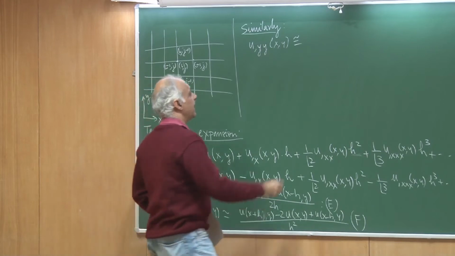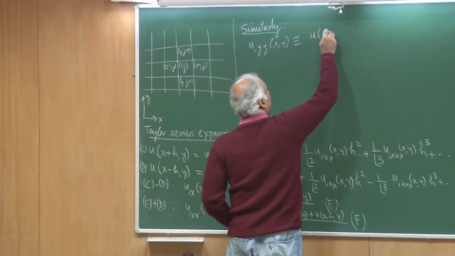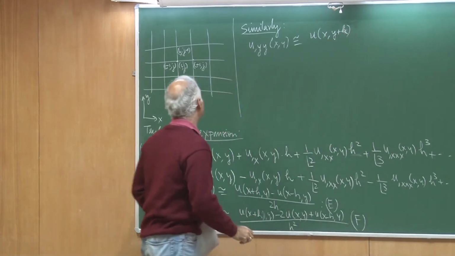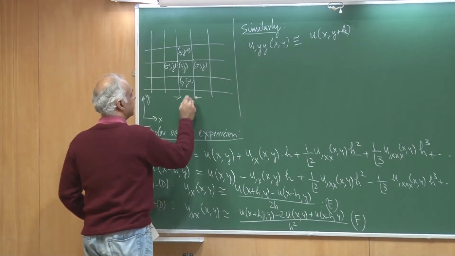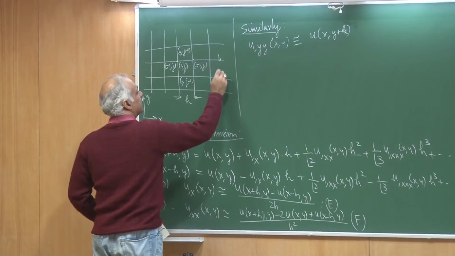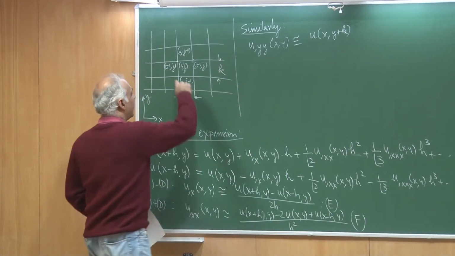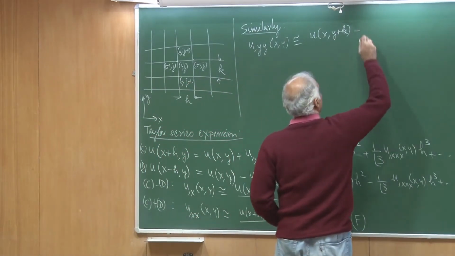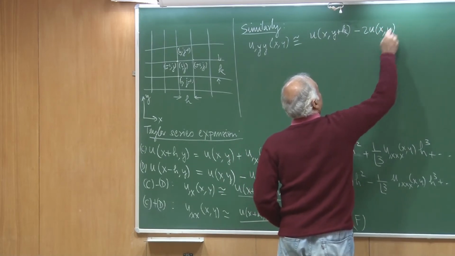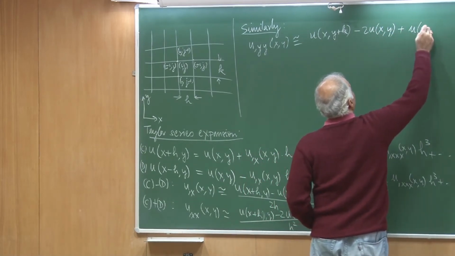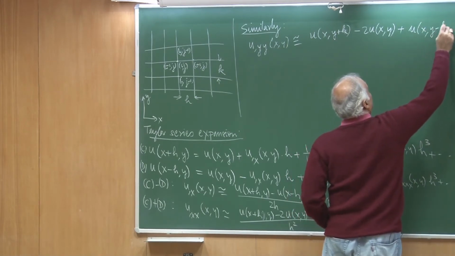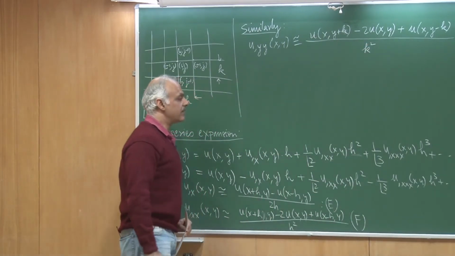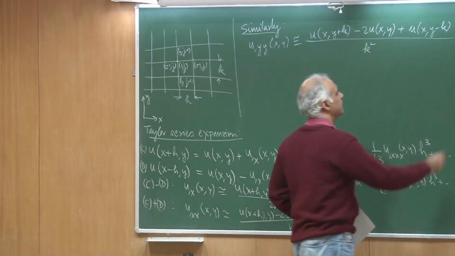This I can approximate as u of x y plus k, because now my spacing, so recall this spacing is h and this spacing is k. So now I can go in the y direction. So I have this minus twice u x y plus u of x y minus k divided by k square, and of course, I have incurred some error. Let me call this as G.